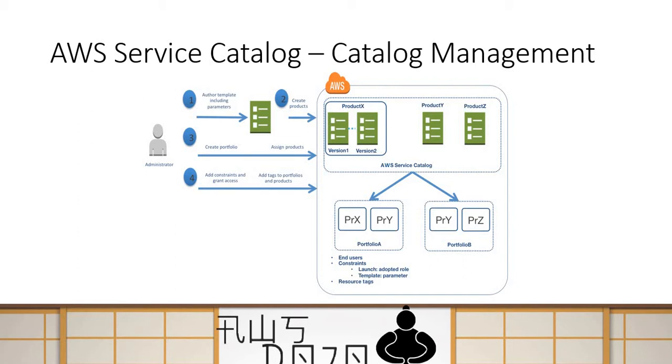So you can say to some users, okay, you have got access to portfolio A. That means the person can launch the products of portfolio A. If some user has got access to both portfolio A and portfolio B, then that person can launch products as a part of portfolio A and B. So portfolios are a way to organize your products, and they are also a way to provide access rights to the end user in terms of which user can launch which product.